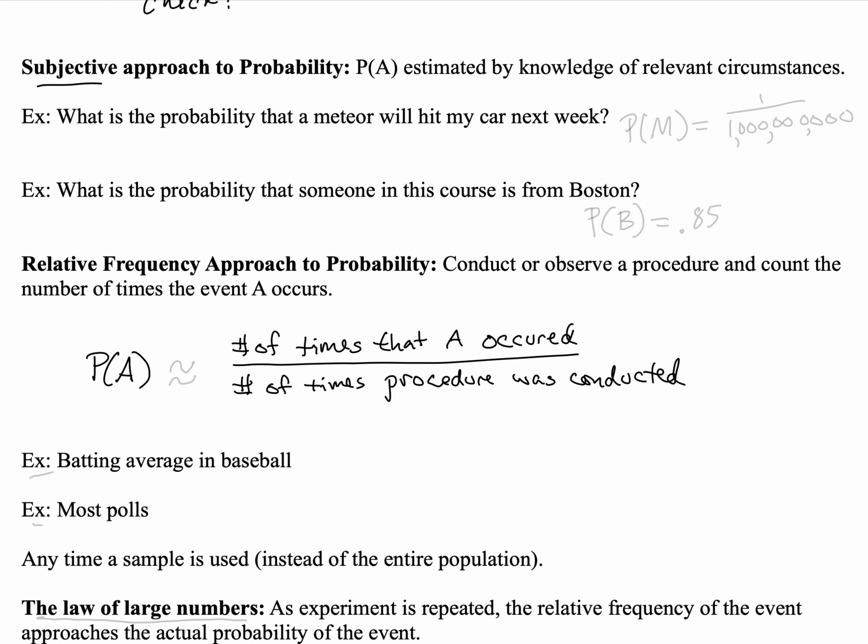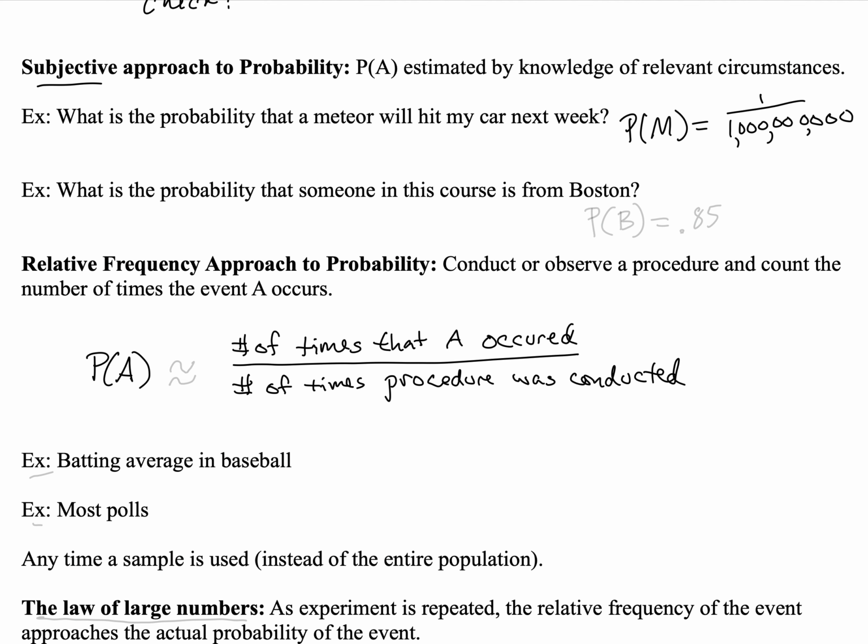So estimating those probabilities, the probability that a meteor is going to hit my car next week, it's not exactly zero because it technically could happen, but I could write 1 over a very, very, very large number, like 1 over a billion, for example, and maybe that is an estimated probability. It's not necessarily the exact probability, but it's just signifying that based on my knowledge of relevant circumstances, the probability that a meteor will hit my car next week is very, very small.